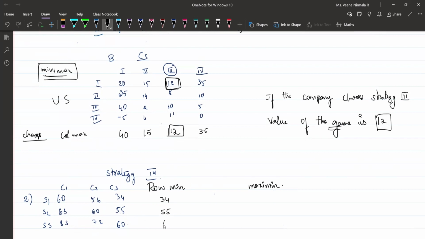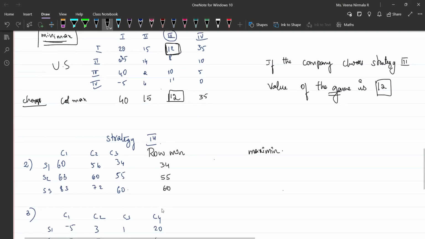Here? 60. According to minimax criteria, find the column maximum. Here it is 83, here 72, here 60. From the row minimums, the maximum is 60. From the column maximums, the minimum is 60. So the value of the game is 60.